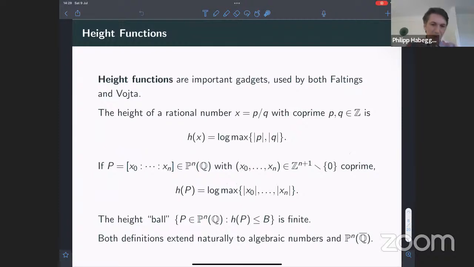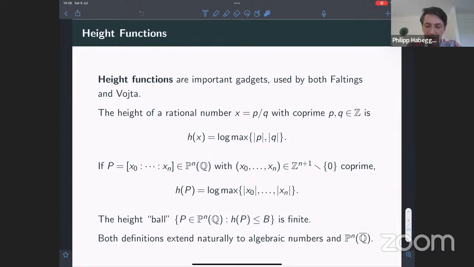So now we come to some important gadgets that we need in this field, the height functions. They were used in both approaches to the Mordell conjecture, by Vojta and Faltings. The height of a rational number is very easy to understand and write down. We just take a rational number x, p over q, where p and q are coprime integers and q is non-zero.